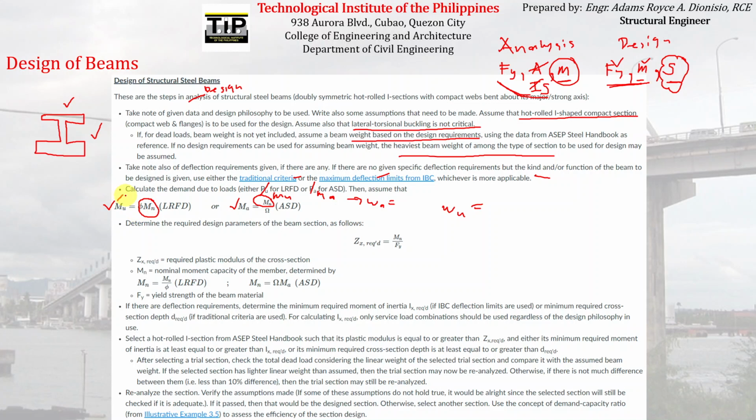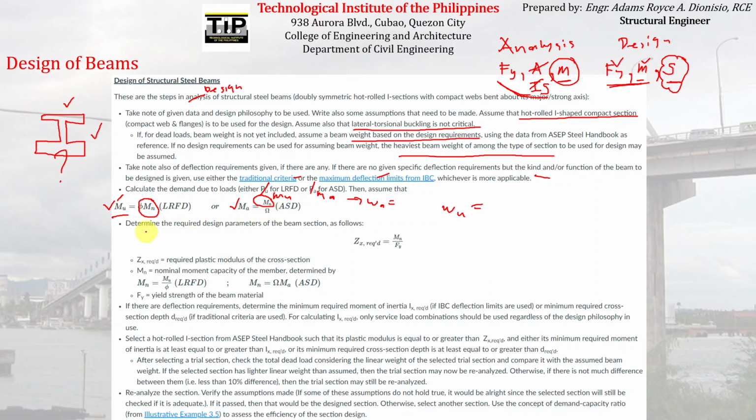MU will be given from the given problem. So all we need to compute here is the MN, the nominal moment capacity. You will have to find a section that will produce a nominal moment capacity that is equal or greater than MU when multiplied by the strength reduction factor or divided by the safety factor here.